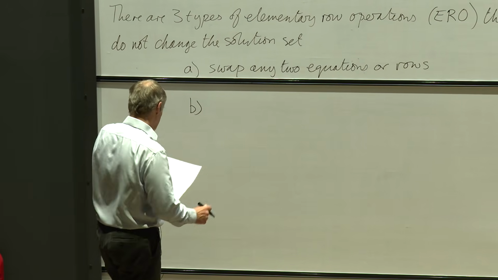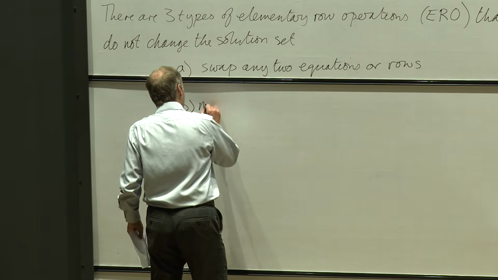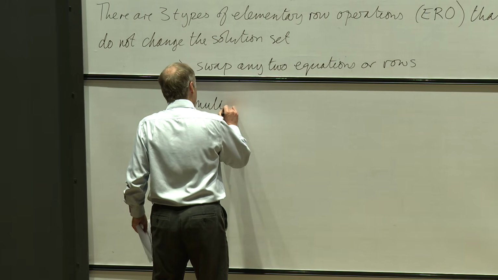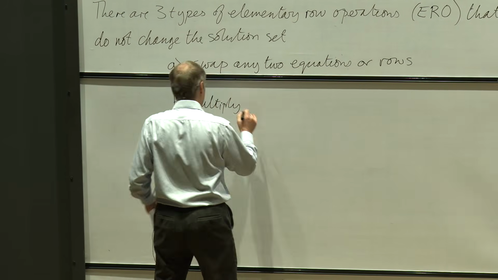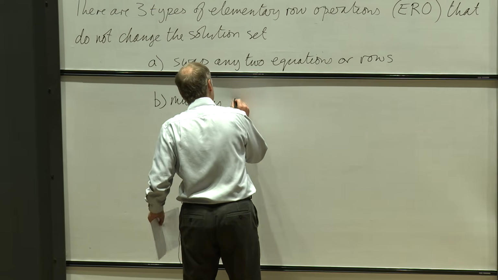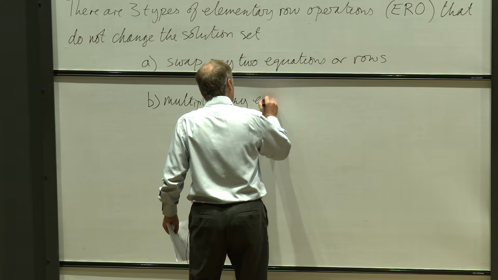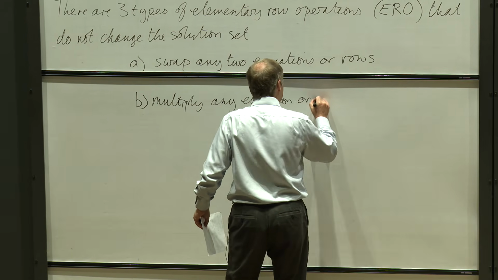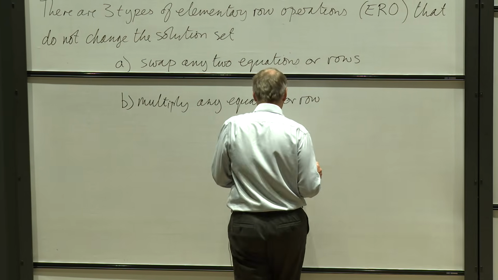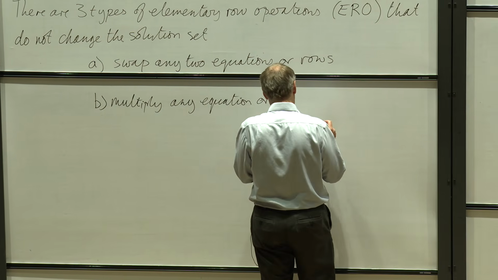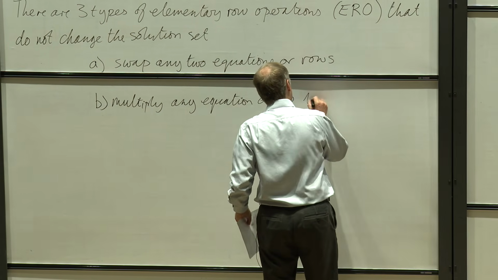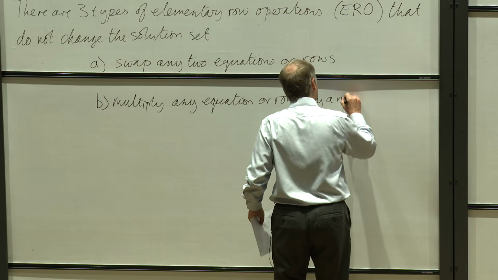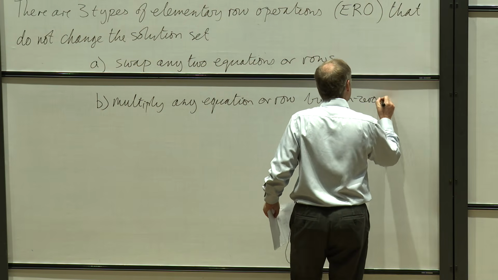ERO B is to multiply any equation, and the equations, as you know, are the same as rows, any equation or row, by a non-zero scalar.